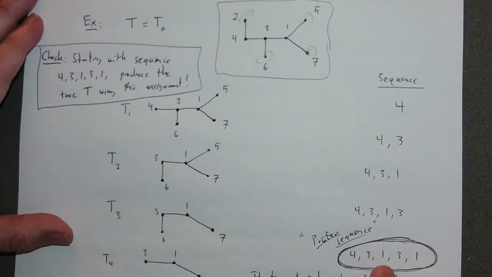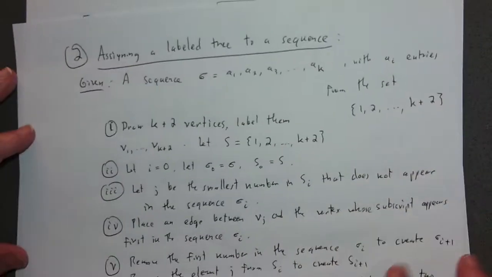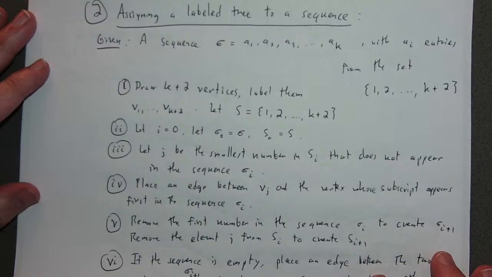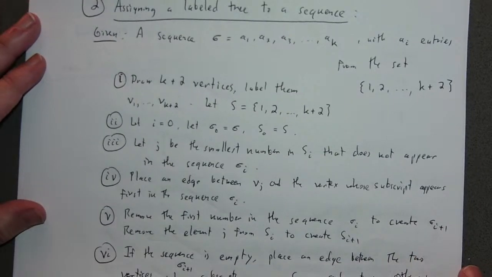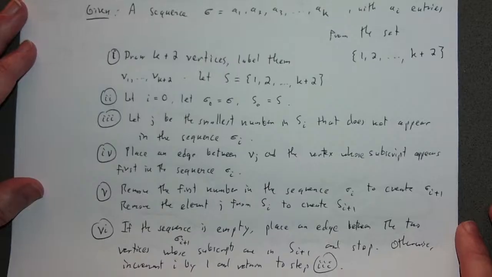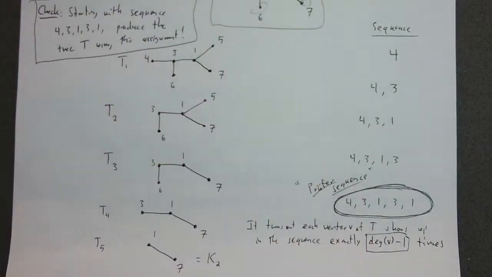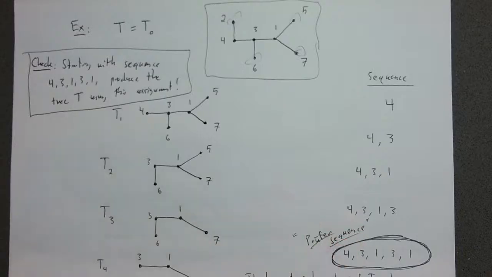Start with this sequence. Use this process of assigning the labeled tree to a sequence and see that what you end up with is the tree that you started with here. Okay, you will if you did it correctly.